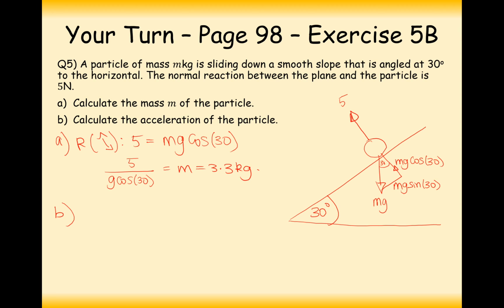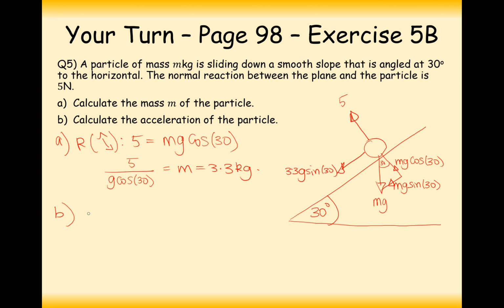Part B then, calculate the acceleration of the particle. Well, the only force that I've got acting up and down the slope is the force of the weight, and that is mg sine 30. We now know the value of m, so it's going to be 3.3g sine 30.